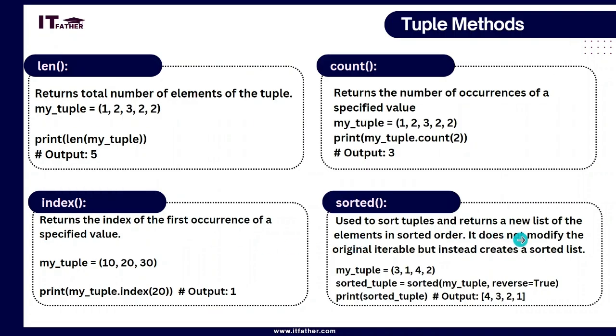Sorted. Now the sorted function is used to sort the values of a tuple, right? See, the sort function in a list is used to sort the values of the list itself. The complete list will be sorted in place, okay? But a tuple being immutable, we cannot change the values in the tuple itself, but it will create a separate list and that will be sorted, and we can use that list as the sorted value.